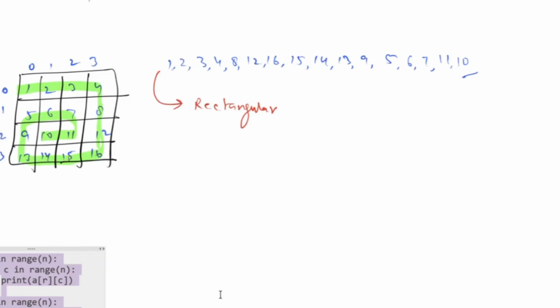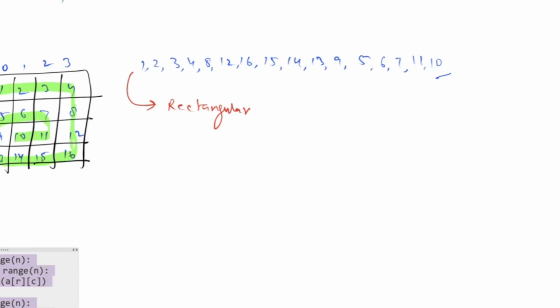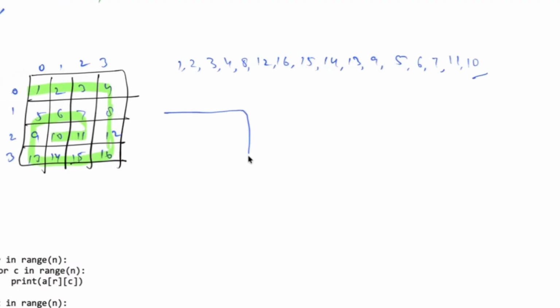Can I say that if I want to print it in spiral order, first you print the outer layer. So this is the outer layer. Then you print the second layer, then the third layer, then the fourth layer and so on, right? So it's like peeling the onion.